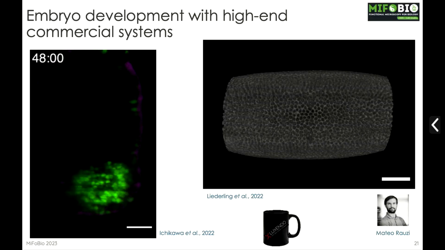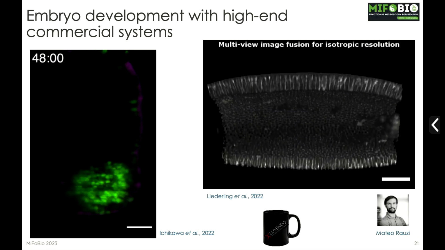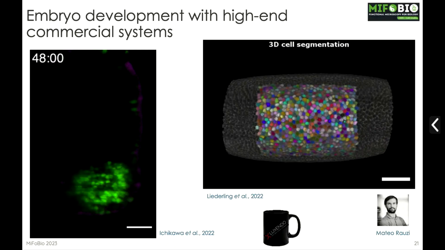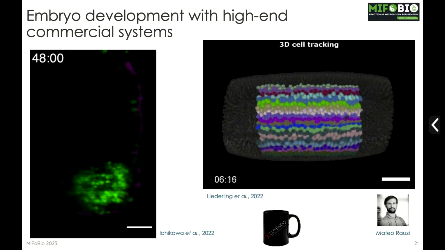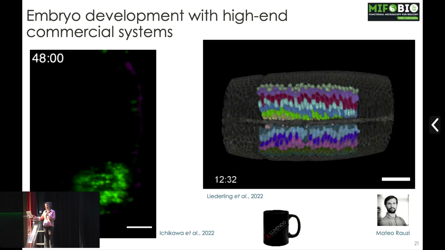And here is an example from Matteo Rodi, who is here as well and having a workshop. I think it was really striking as well. But here we are dealing with really high-end commercial systems. So really sophisticated and expensive, of course, and you have to be serious about that.